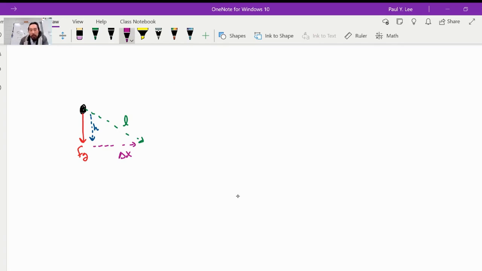In order for it to go down the ramp, it has to go down and to the right. But what that cosine theta tells us is that only this vertical component affects the energy of the system. Because the force of gravity is along the y-axis, only the vertical displacement matters here. This delta x has nothing to do with the energy given by the Earth.